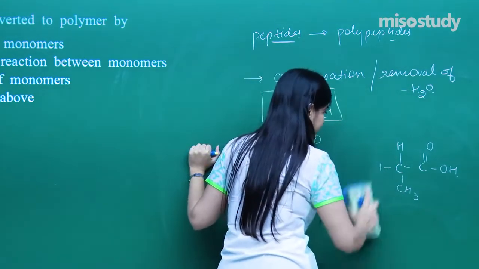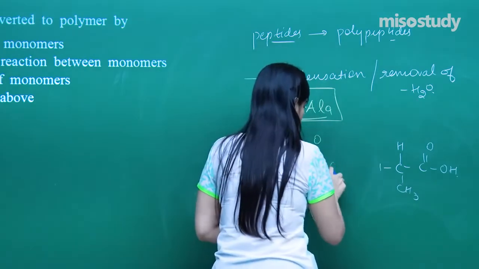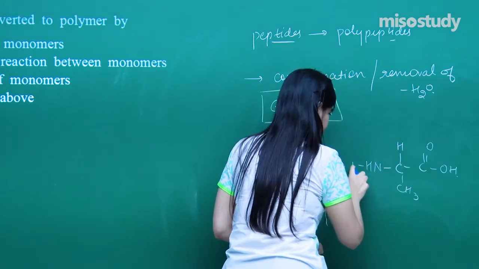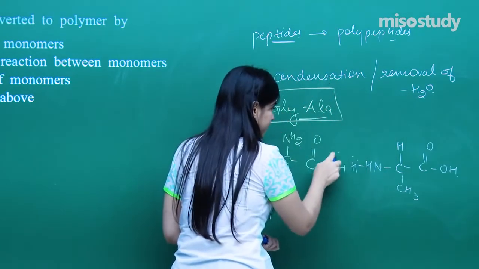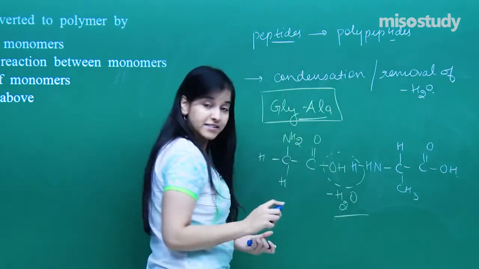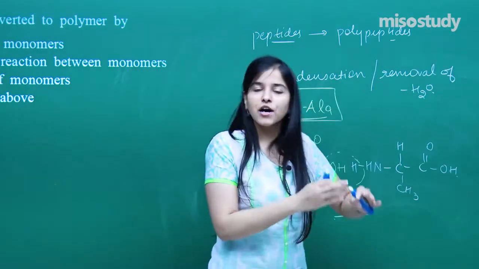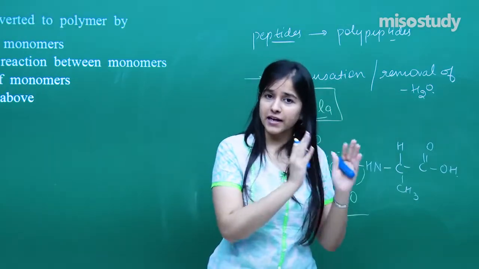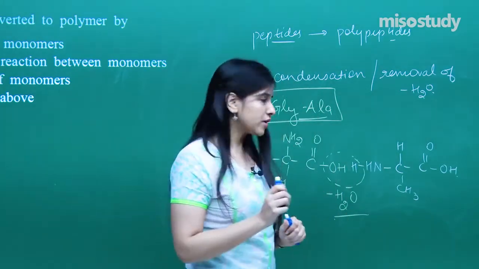Let me just make it again. So it would be OH, and there will be a loss of water molecule, minus H2O. That means leading to the condensation and forming. That is how different kinds of amino acids get connected via condensation process and give a polymer or a polypeptide.